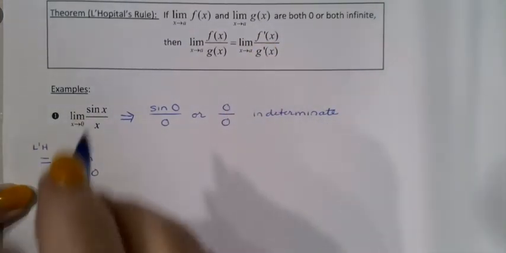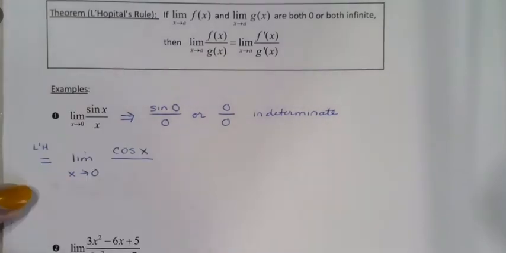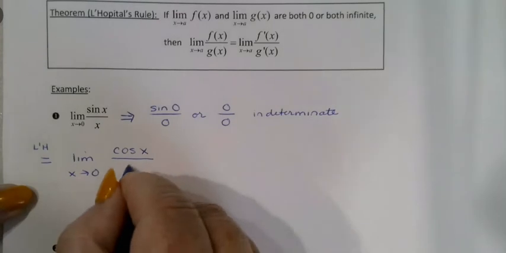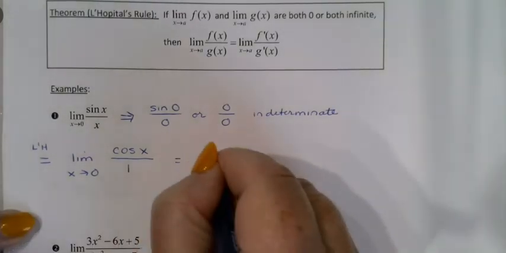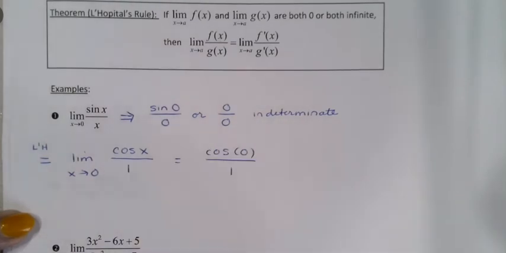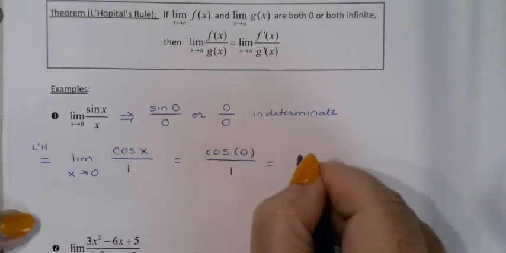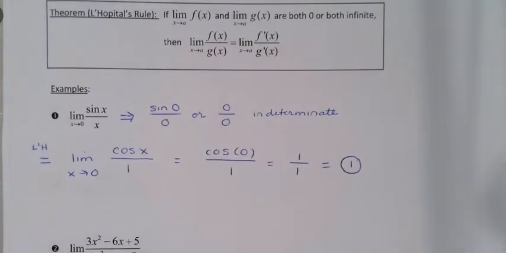The derivative of the top would be cosine x, and the derivative of the bottom is just 1. Now if I plug in 0, I get cosine of 0 divided by 1. Cosine of 0 is 1. So I get 1 over 1, or 1.